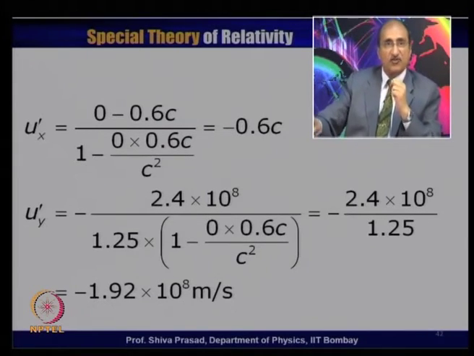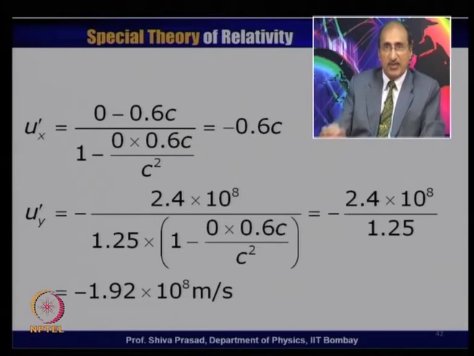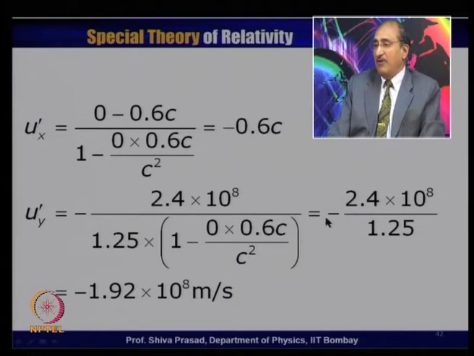I make a velocity transformation using the standard expression, ux prime is equal to ux minus v divided by 1 minus ux v over c square, all those things. I get ux prime as minus 0.6 c. I do a velocity transformation, find uy prime. I will get this as minus 2.4 into 10 power 8 divided by 1.25.